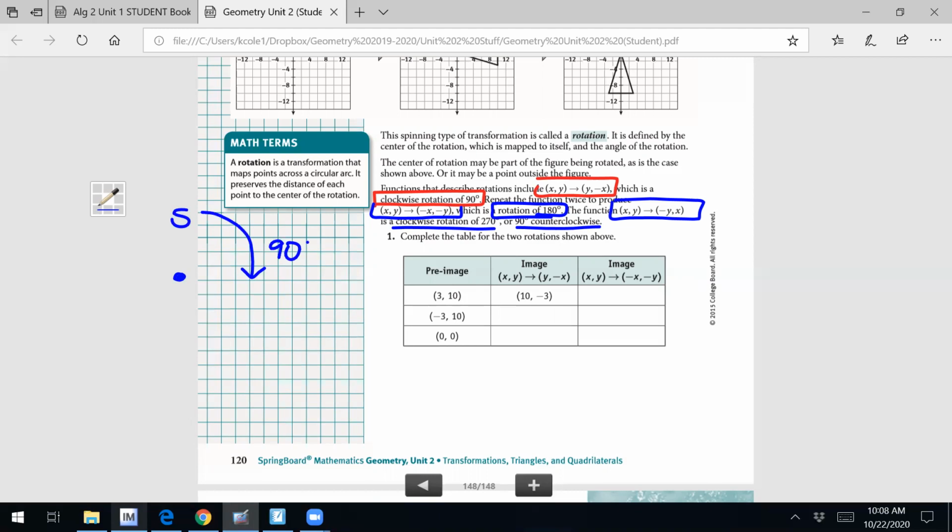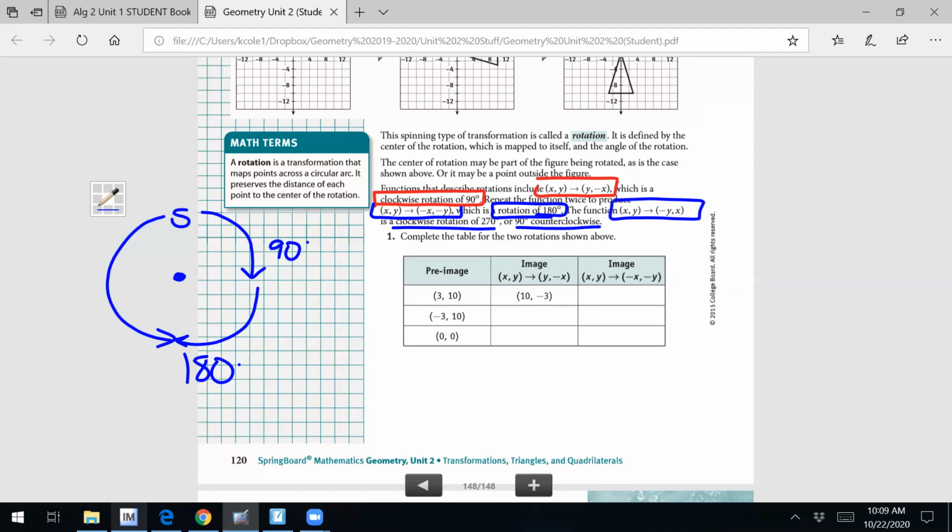If I wanted to go 180 degrees, that's going to put me here. But does it matter if I go this direction? Will I still get to 180 degrees? Yeah, 180 degrees. It doesn't matter if you turn this way or you turn this way, okay? Either way, you're going to end up facing exactly the opposite, which is a 180-degree turn. That's why they didn't say clockwise or counterclockwise, because it doesn't matter.